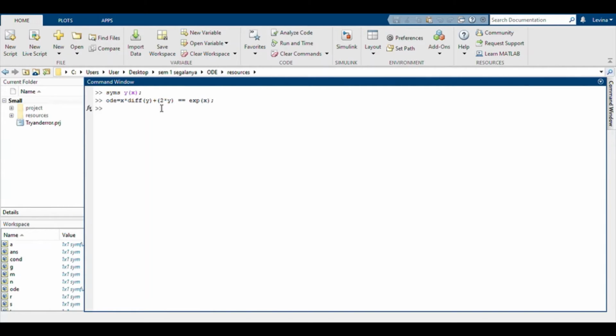And then we can solve the equation. The answer here is the same with the answer that we obtained in manual calculation.